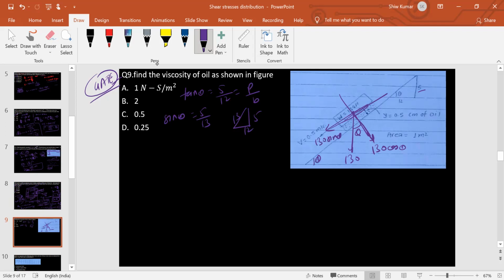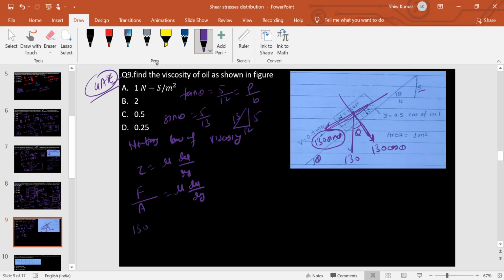Now apply Newton's law of viscosity, that tau is equal to mu into du by dy. Tau is force upon area, so F divided by A is equal to mu into du by dy. The force I take as 130 sin theta, because the plate is moving in this direction.